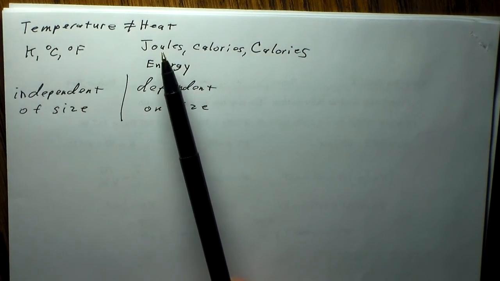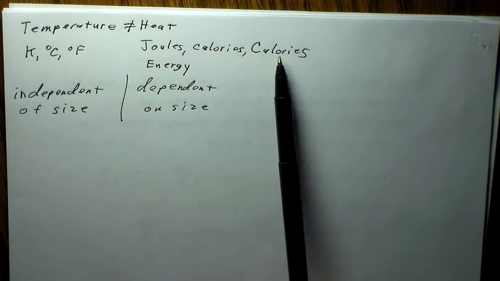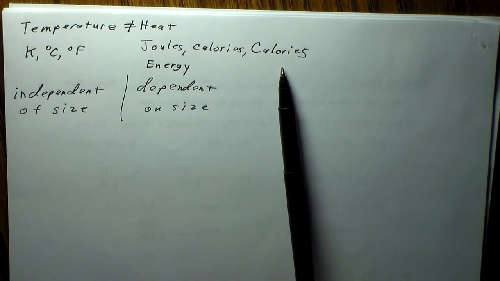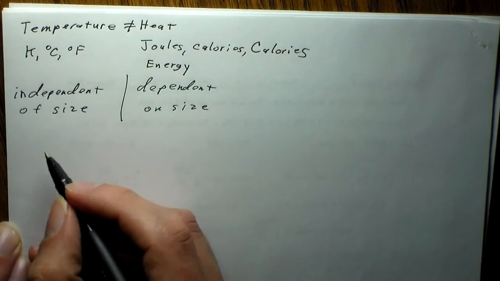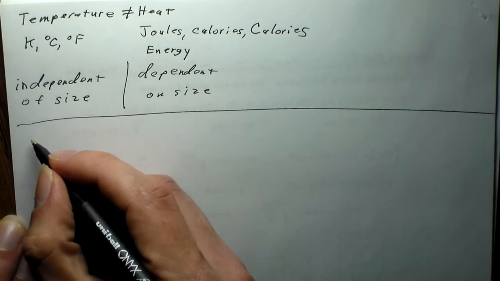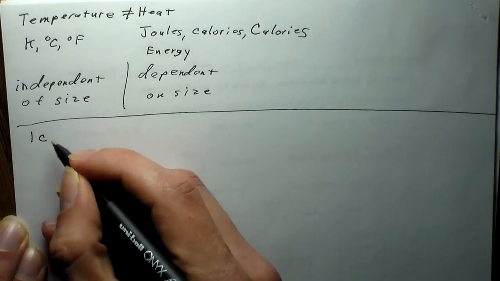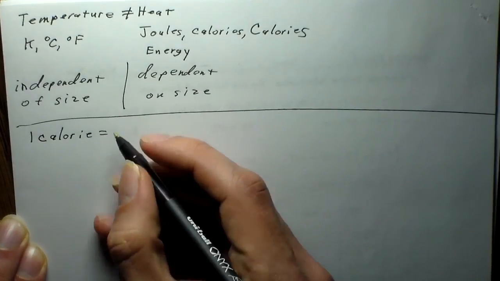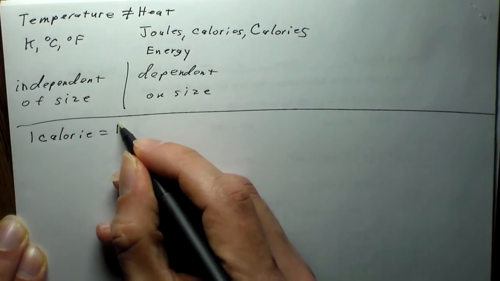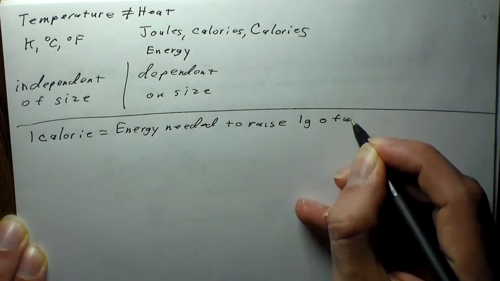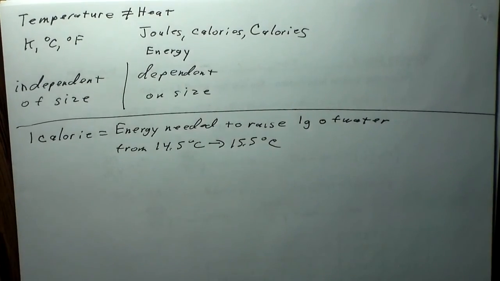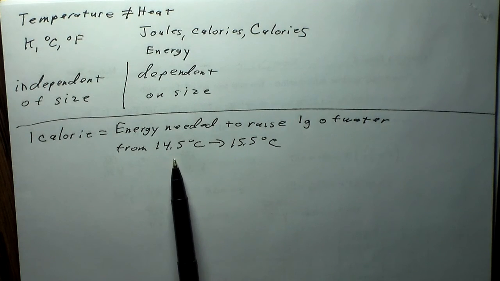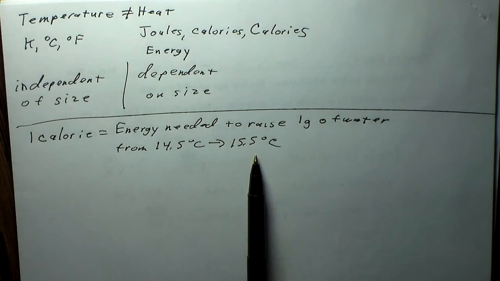Okay. So as for these three units up here, joules, little calories, and food calories, or the capital calories here, these are related. 1 calorie here, and this is the lowercase calorie, is defined to be the amount of heat, or actually I should say the amount of energy, which is needed to raise 1 gram of water from 14.5 to 15.5 degrees Celsius.